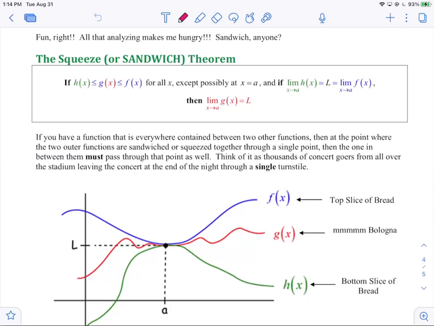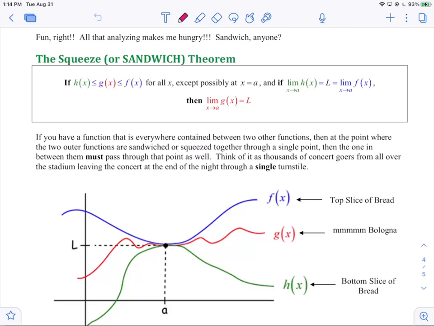How do we use theorems? When you have a theorem that has a name, it's pretty important. You have to be able to say, I'm using the theorem, first, which means you have to state that the if part holds true. Okay, so once you say, all right, because this compound inequality holds, and because the limit of the top and bottom slice are this, then by the squeeze theorem, this is true.